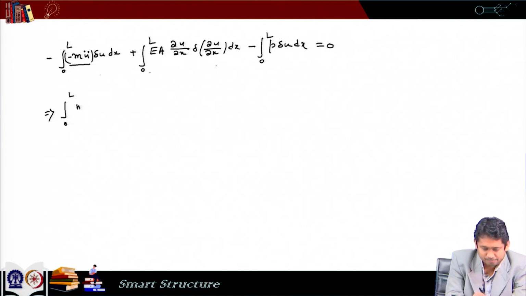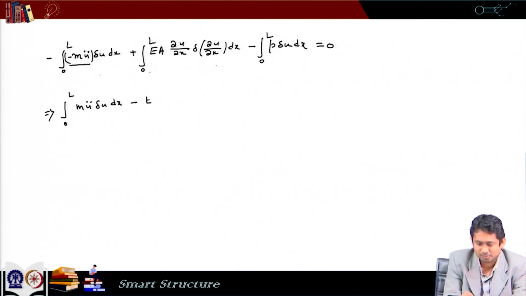So, we have now mu double dot del u dx, and then this we have to just integrate by part once.